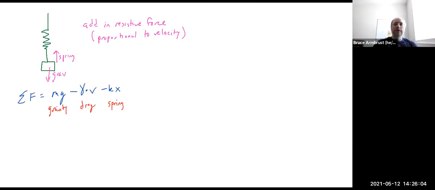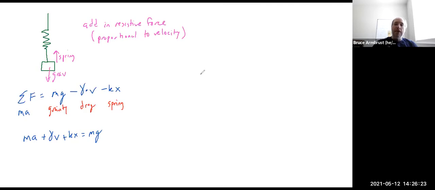All right, we do the same thing: this is mass times acceleration. So if we move things around, we get mass times acceleration plus gamma times v plus k times x equals mg.